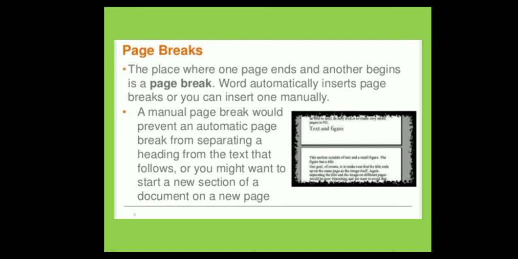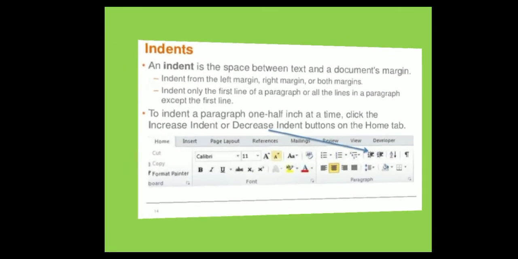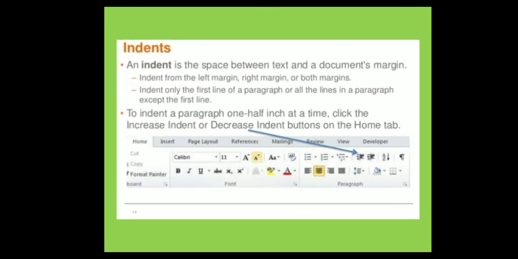Automatically means when you reach the bottom of the page and click the Enter button, then you move to the next page. If you need a page break, then go to the Insert tab and click the Page Break option. Then your page is broken into 2 parts.